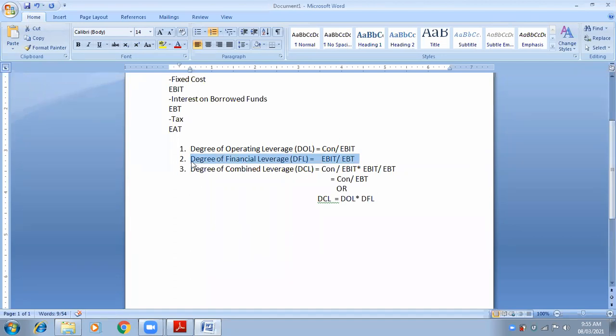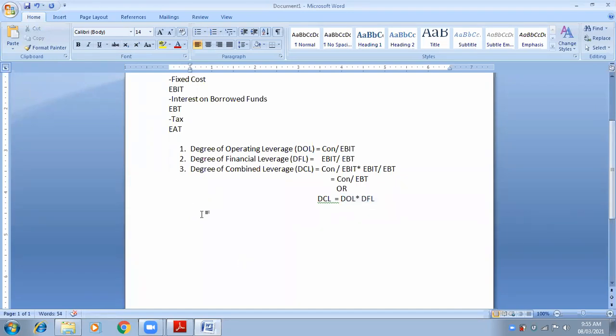And what is the formula of combined leverage? Directly tell me the formula. Contribution divided by earning before tax. Or second, DOL into DFL. Very good. What is DOL? Degree of operating leverage. And what is DFL? Degree of financial leverage. Very good.